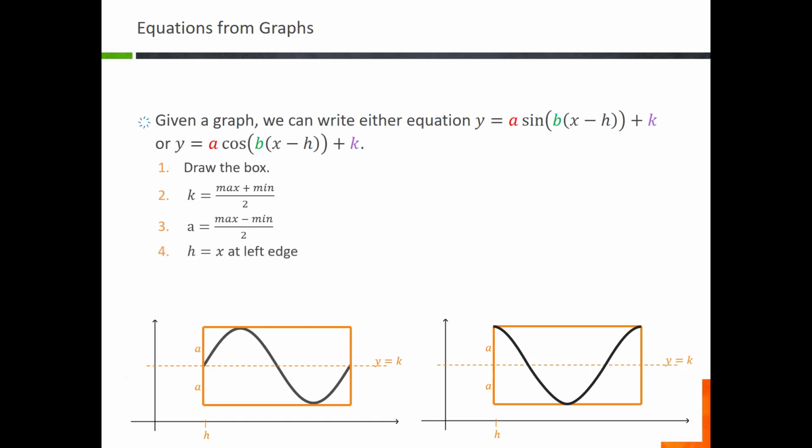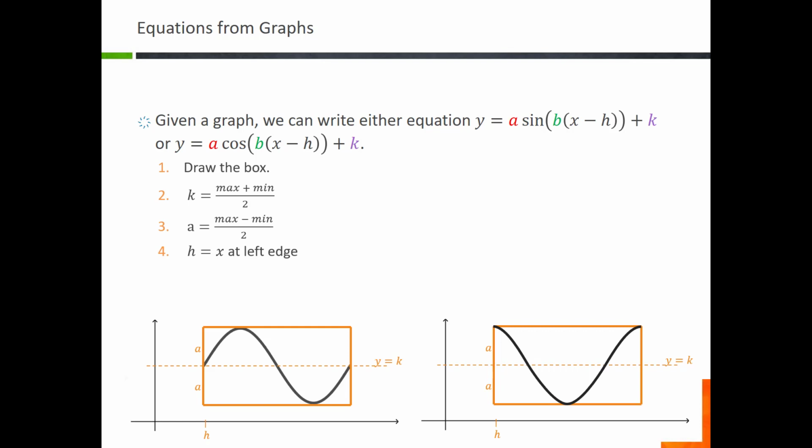All right, to find h, it's just the left edge of the box. So whatever the x-coordinate is, that's your h. It could be positive, it could be negative, it just depends on where your box starts. And again, this is usually the hardest part, and it's what is different between whether you're doing sine or cosine.